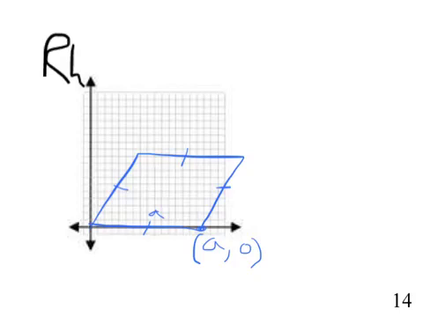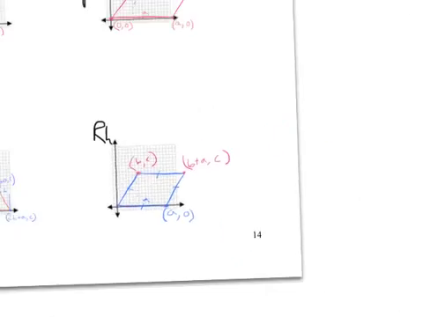All we know, maybe if we were to draw a little right triangle here, is that the hypotenuse is A, but that doesn't really tell us much about this height here, about this coordinate. So we're going to just pick two new terms. We're going to call it B, comma C for this point, and that would make this point B plus A, comma C. And if you look, that's almost identical to the parallelogram.